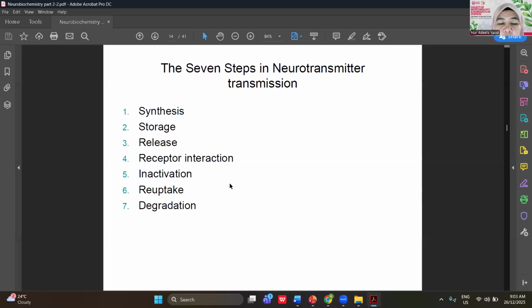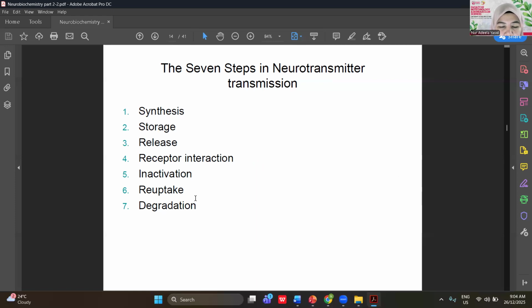Then we have receptor interaction. Neurotransmitters bind to specific receptors on the postsynaptic membrane, initiating a response, which is the opening of ion channels or triggering an intracellular signaling pathway. Then we have inactivation. The neurotransmitter's action is stopped, preventing continuous stimulation of the postsynaptic neuron.